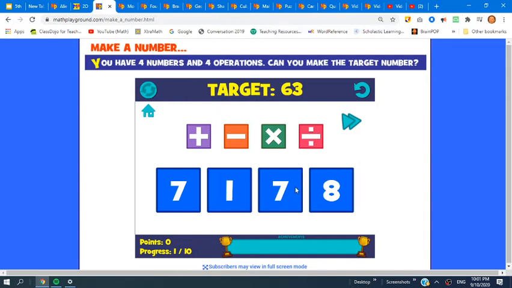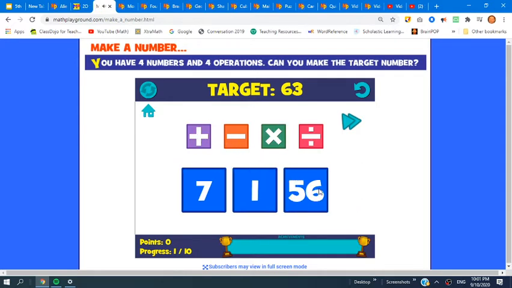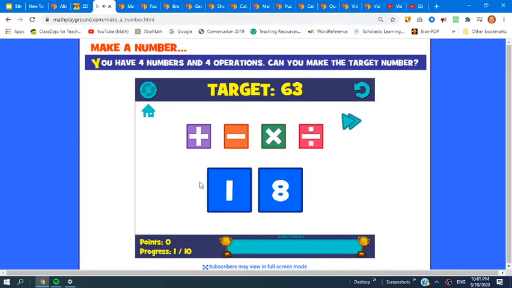We could try 8 times 7, okay, 8 times 7 is 56. And now 56 divided by 7 equals 8. I think we came back to the same issue that we were at before. I'm not sure if we're going to be able to get to this one.